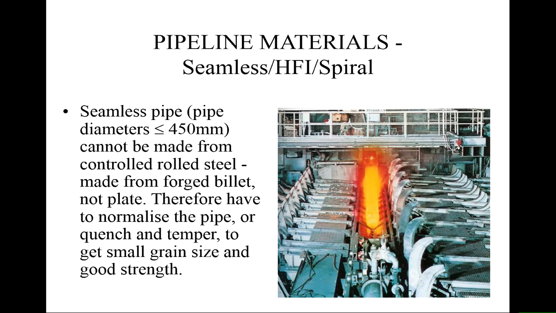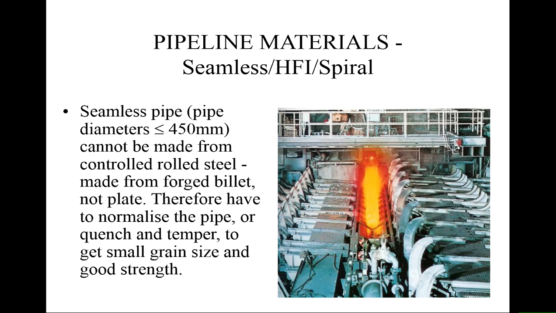Seamless pipe, which is one of those, typically is used for smaller diameter pipes. So with a seamless pipe, you start off with a solid block of material, and you push your tool through the middle of it when it's hot, and you make it into a cylinder. And so that is not made from cold rolled steel, it's made from a forged billet.